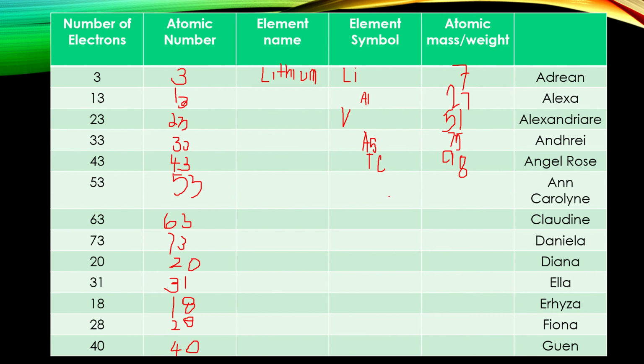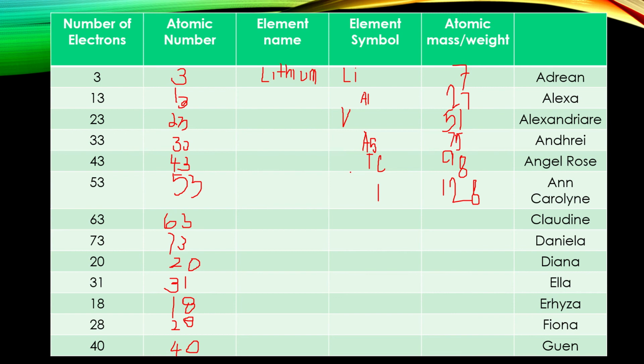Then let's go now to element number 53. Element number 53 is iodine. So the element symbol is I. The atomic weight is 127.6. So we're going to round off 127.6 to 128.